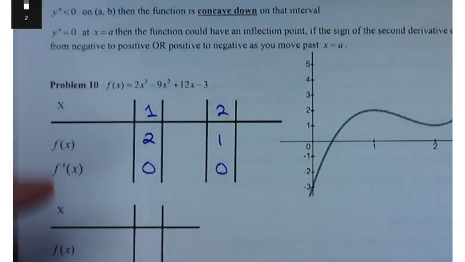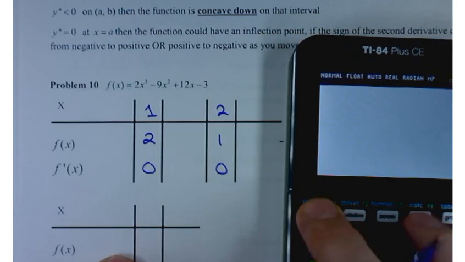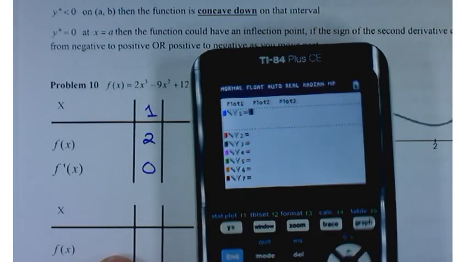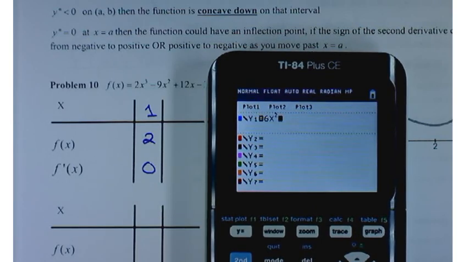Not the function, but the derivative. So hit the y equals key. We'll clear out the function. We're just going to put the first derivative in for the moment. So it's going to be 6x squared minus 18x plus 12.